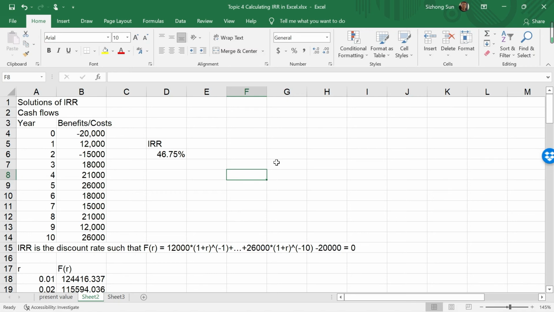Okay, so now Excel has calculated this IRR for you. The question is, how does the computer or Excel do it?